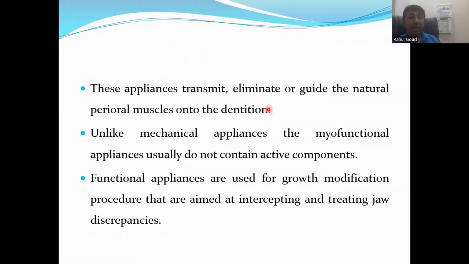So it gives us a point that there is no tooth movement possible with the myofunctional appliances. So, what are these used for? These functional appliances are used for growth modification procedures that are aimed at intercepting and treating jaw discrepancies. So, mechanical appliances cause tooth movement, whereas myofunctional appliances are used for growth modification procedures aimed at intercepting and treating the jaw discrepancies.